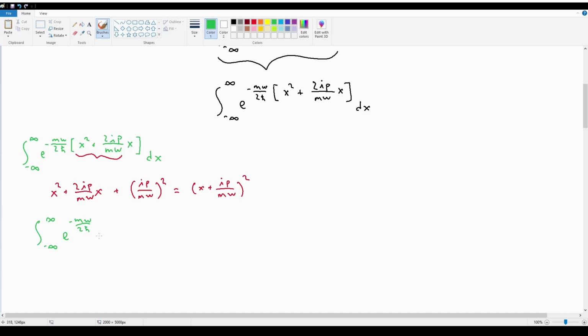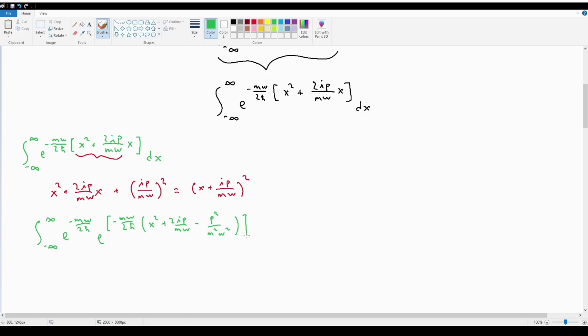So this is going to turn into e to the power of negative m omega over 2 h bar multiplied by x squared plus 2ip divided by m omega, plus, or I guess in this case minus, p squared over m squared omega squared, because the i squared gives a negative.